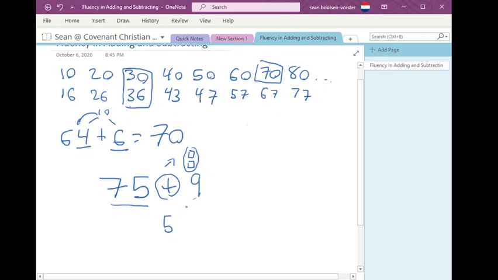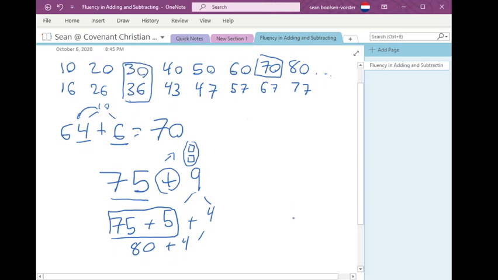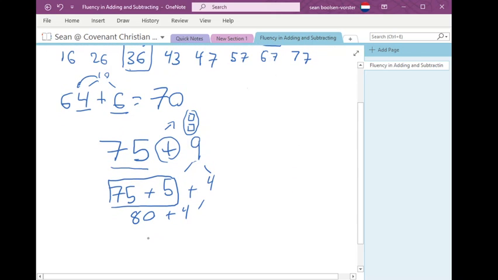So if we take 5, we have 4 left. We take the 75 plus 5, so we're turning this into an 80. We bring this down here, and it's plus 4, and voila, we're there, 84.